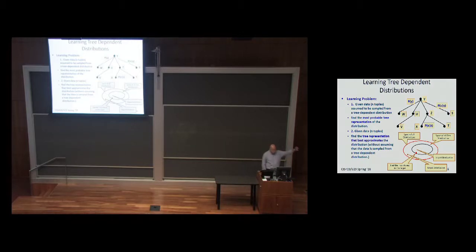Again, if you want to go back to the first part of the class, we talked at the beginning about, here is a hidden function, it's a conjunction. Learn it. Or, we later on said, here is a function, I don't know, I'm going to learn it using a linear function. I don't know that I can actually express this hidden function with a linear function.